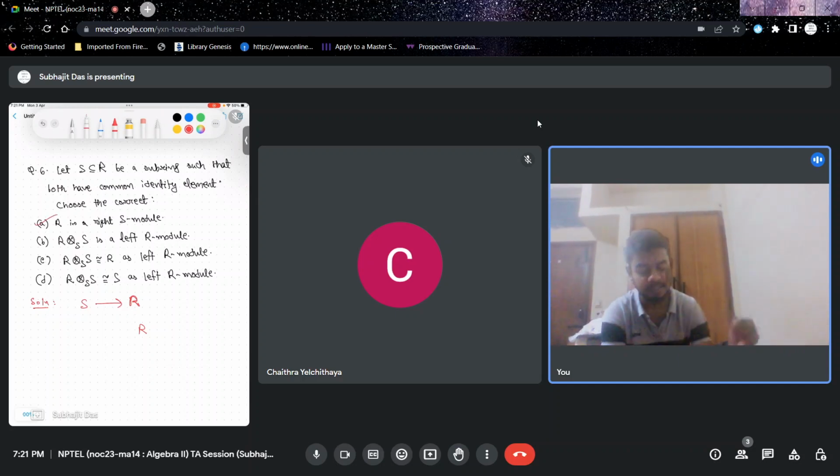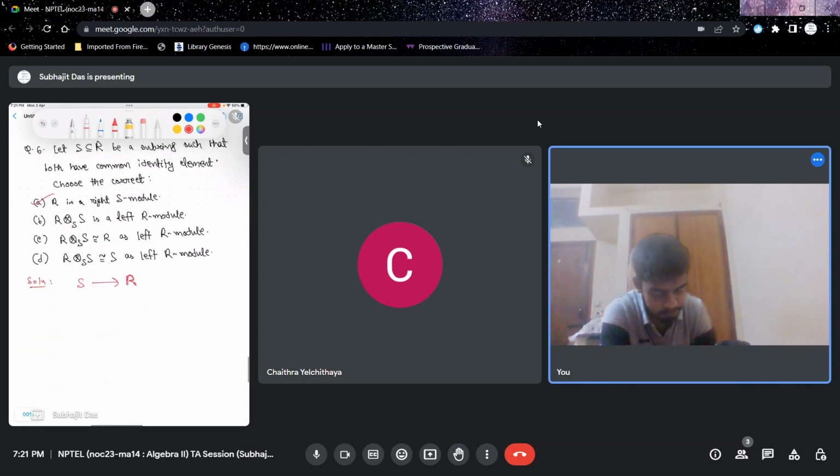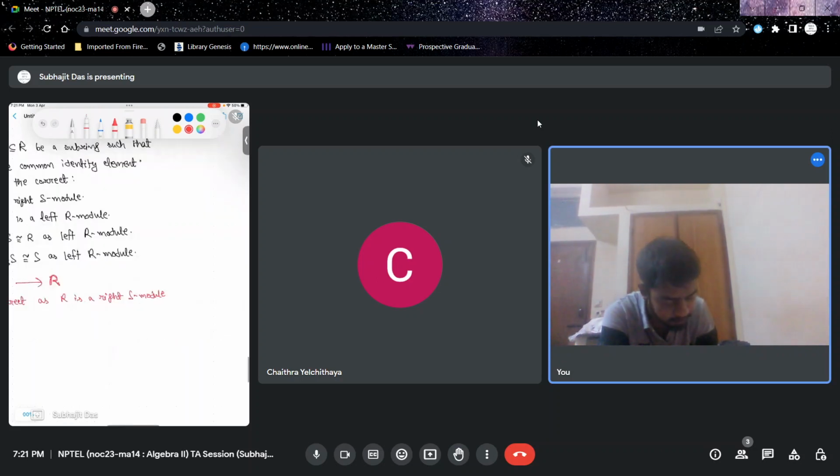So option A is correct, as R is a right S module by restriction of scalars.